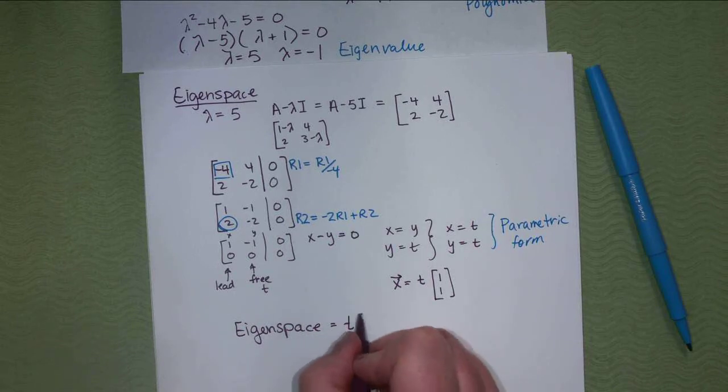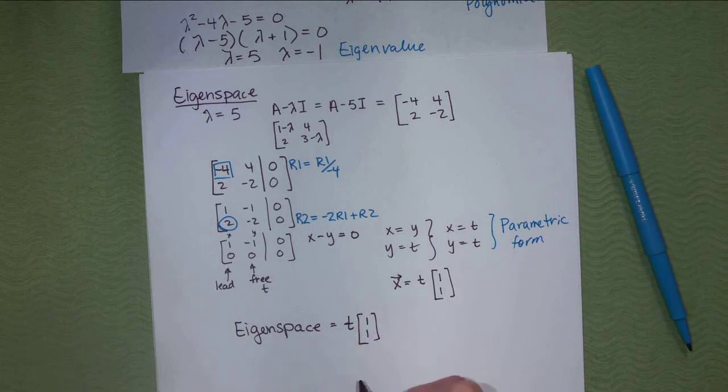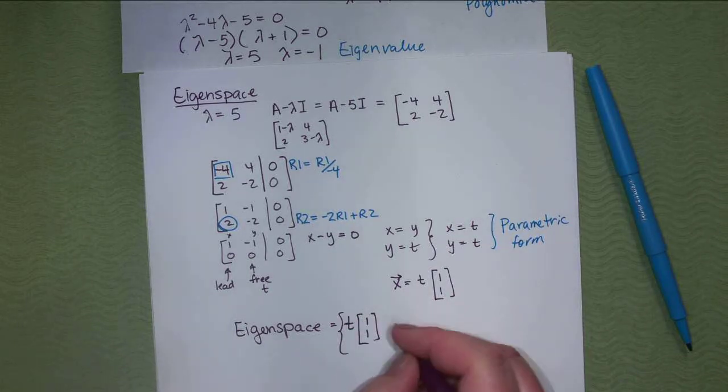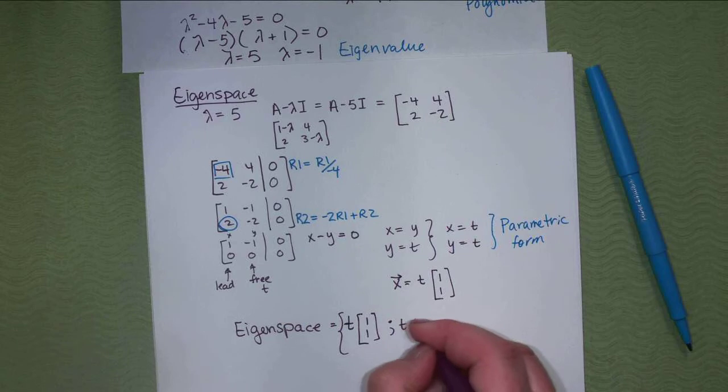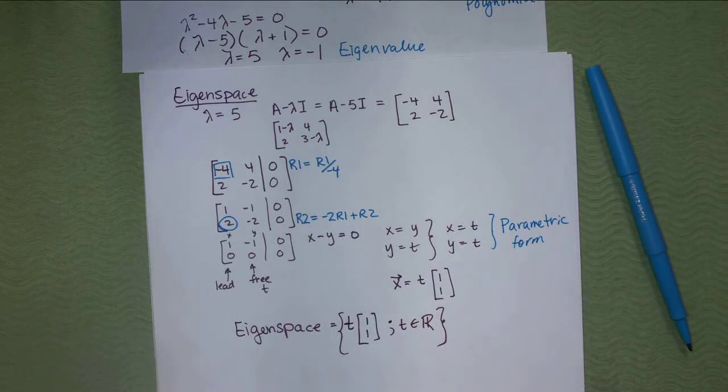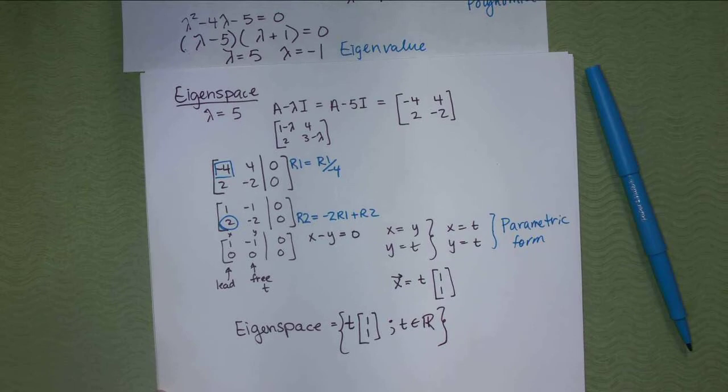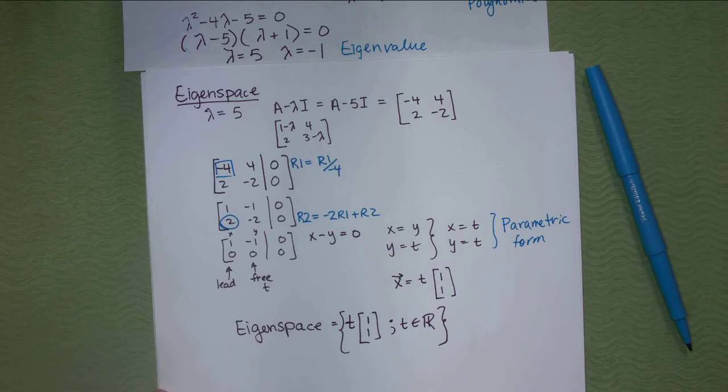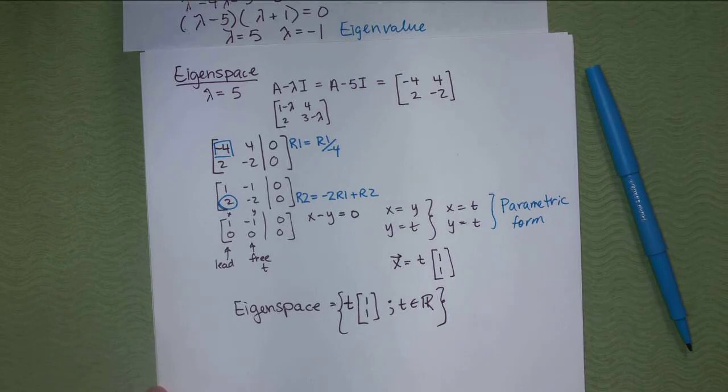You could say it is t times 1, 1, because that's a set of all vectors. But usually, to make it a real space, you put it in curly brackets. That's how you'd see it anywhere. T times 1, 1, and t can be any number. So that would be the set of all vectors, the eigenspace.